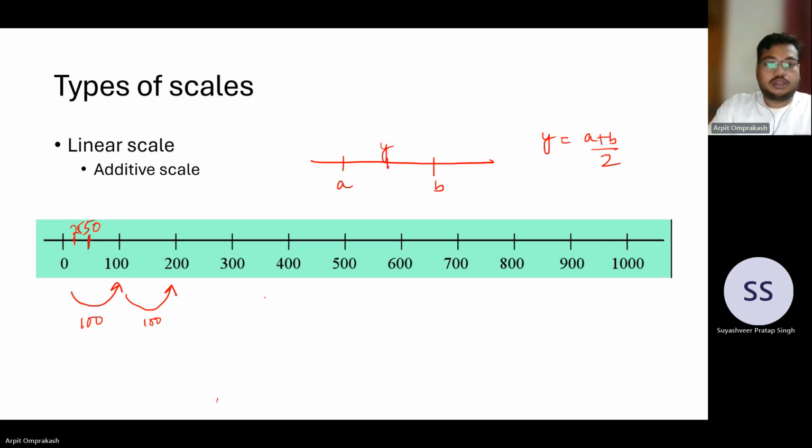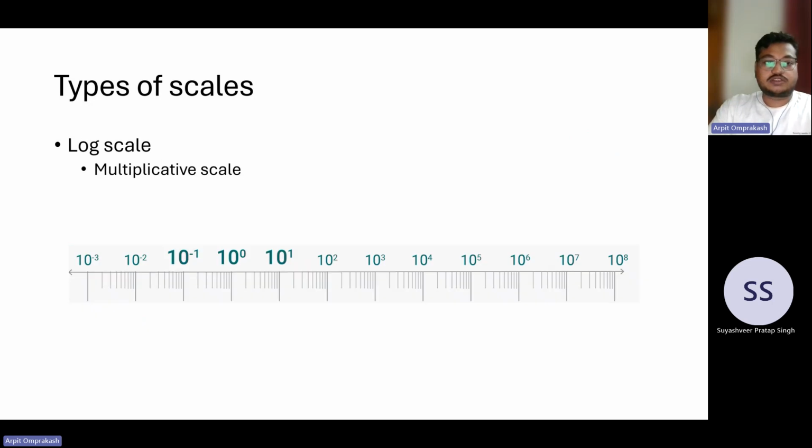So we'll move on to the next one, which is a log scale. Now a log scale is what is known as a multiplicative scale. What does this mean? It means that to go from one major marking to the next, we are multiplying something. In this case, we are multiplying by 10.